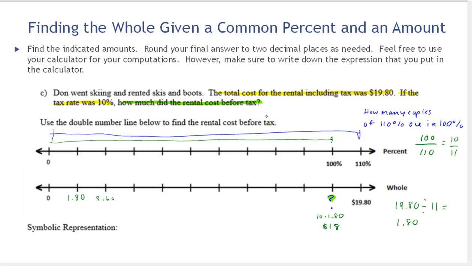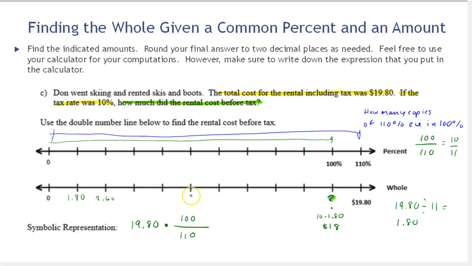Now, how do we get this more directly? We take the amount we're given. $19.80 is 110%, so divide 19.80 into 110 pieces. That gives us 1%. We take 100 copies, and this ratio will give us 100%.